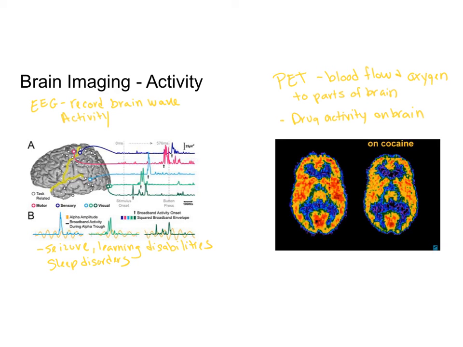Now, there is one type that can show not just structures, but brain activity as well. And that is what we call an fMRI. An fMRI shows both brain activity and brain structure.